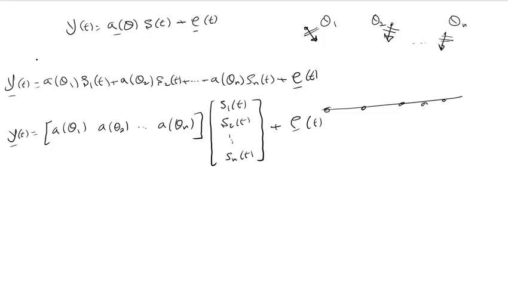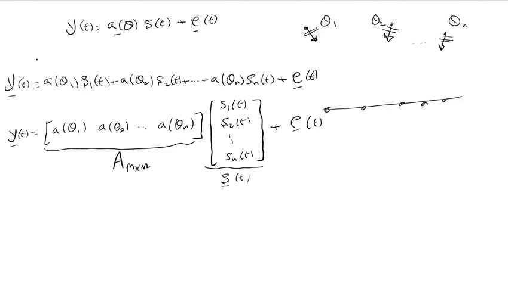Interesting thing, what is this matrix? This is a Vandermonde matrix, and I name it A. This is a Vandermonde matrix, M by N, where M is the number of sensors and N is the number of sources, and this is the signal vector.